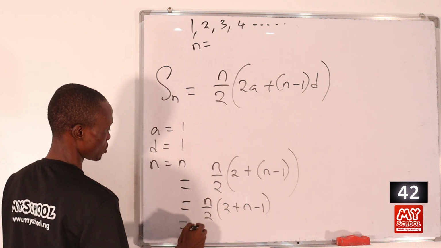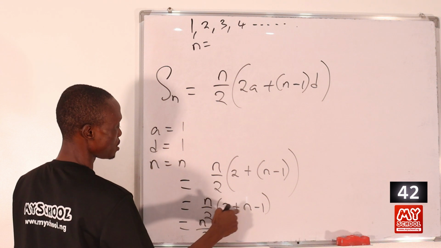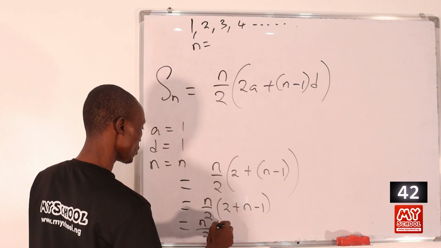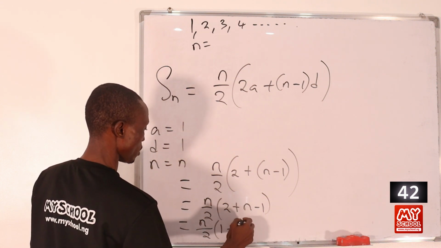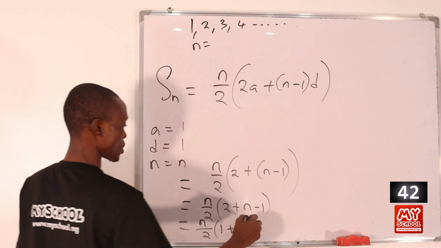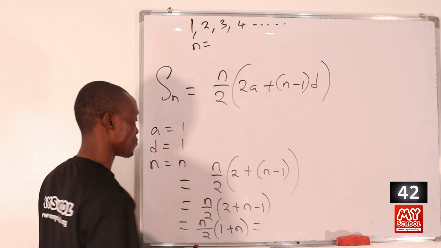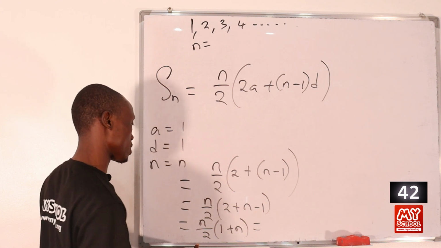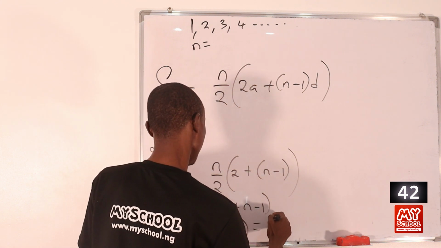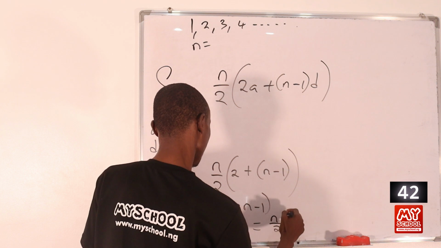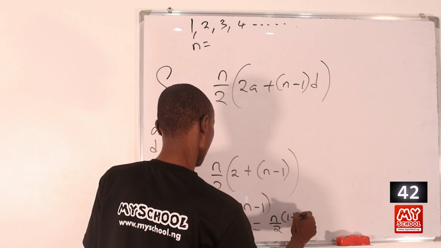So that we still have n over 2, then here we'll have 1 plus n in bracket. So at the end of the day, the sum of the first n positive integers becomes n over 2, then here we have 1 plus n.